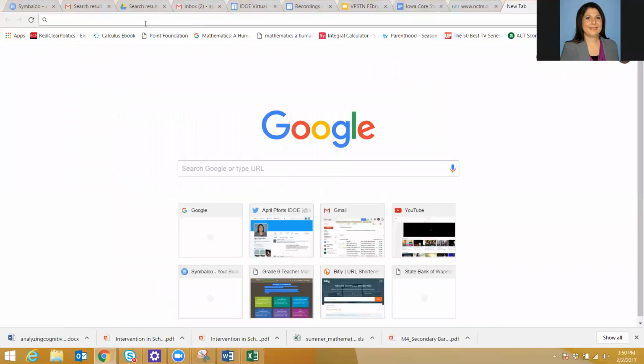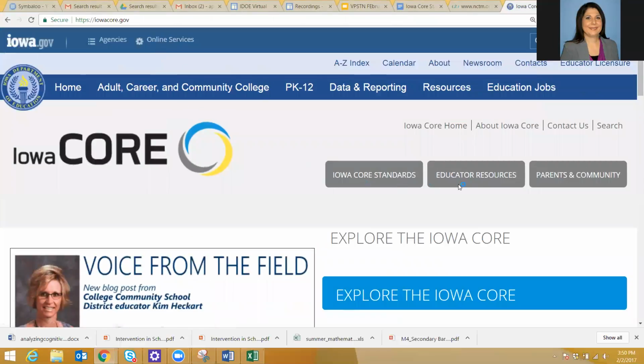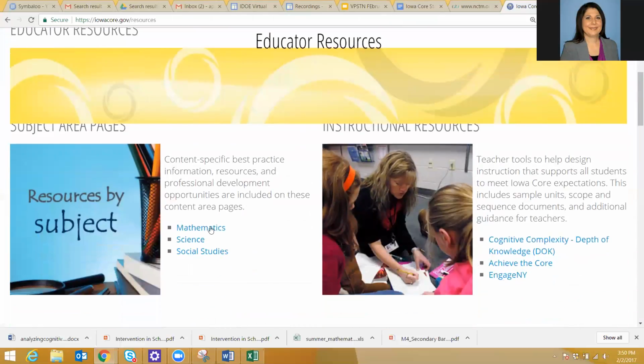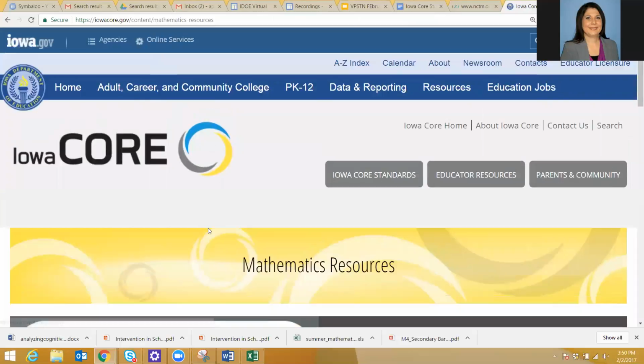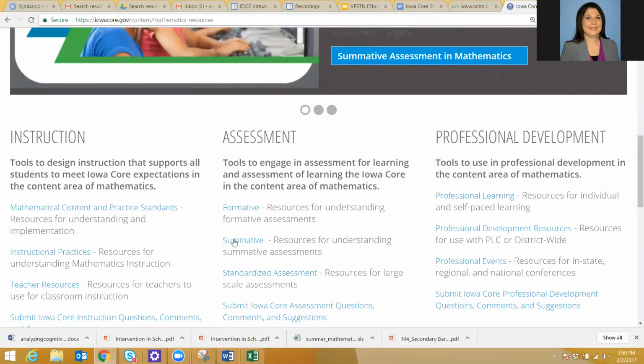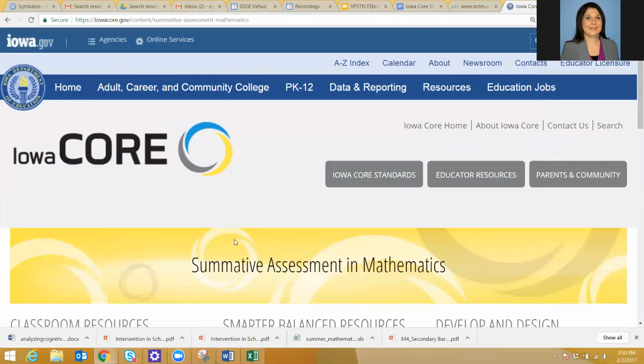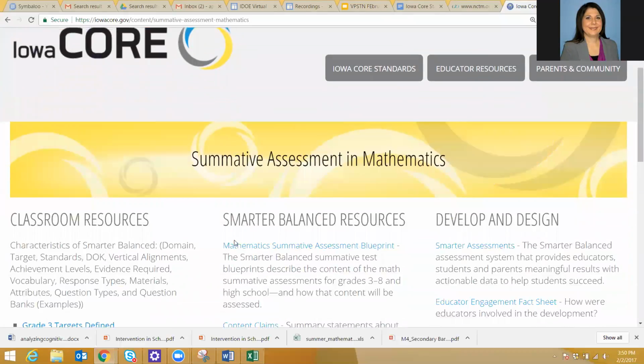So we would go to the Iowa Core website, and under educator resources, go to mathematics, and then underneath there, go to summative. It's not about the assessment, it's about the instruction, but we should be assessing what we're instructing on.